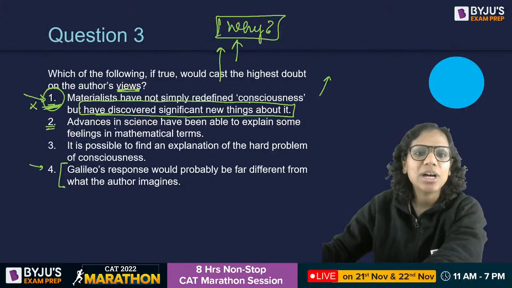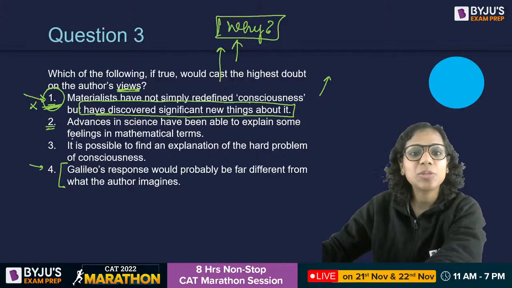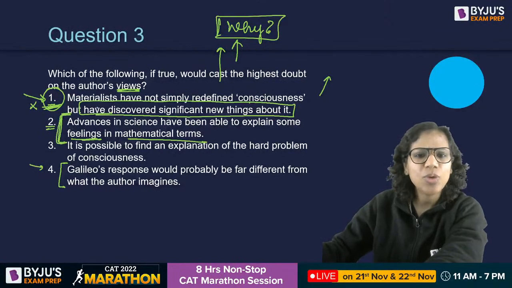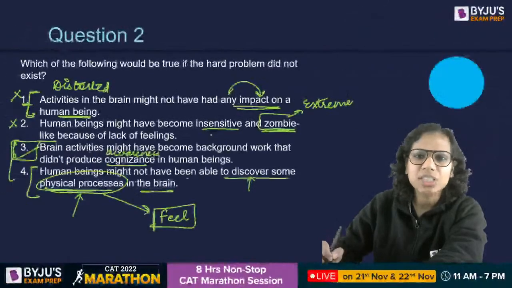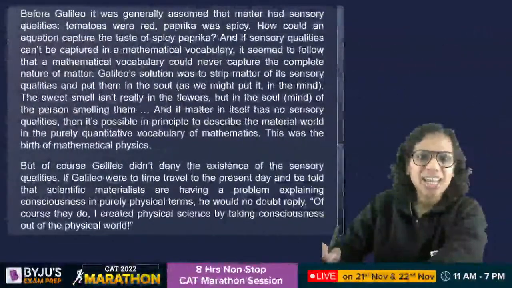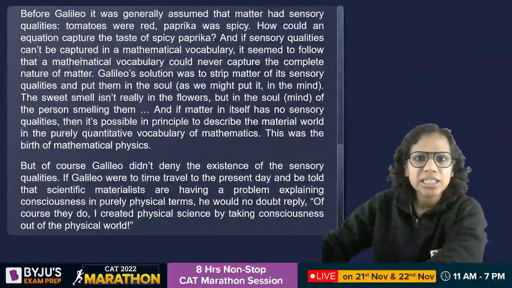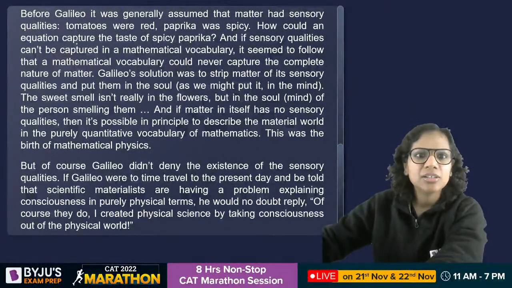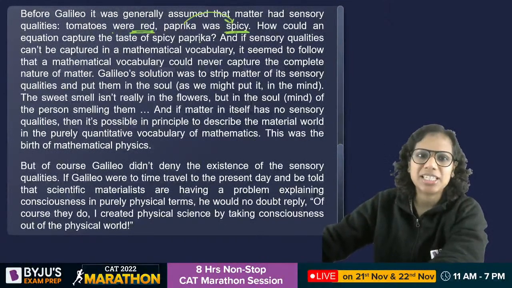Second, advances in science have been able to explain some feelings in mathematical terms. All right. Where was this talked about, mathematical terms? When we were discussing Galileo, right? So basically, what Galileo said was that when we say that tomatoes are red or paprika is spicy, actually paprika is not spicy.